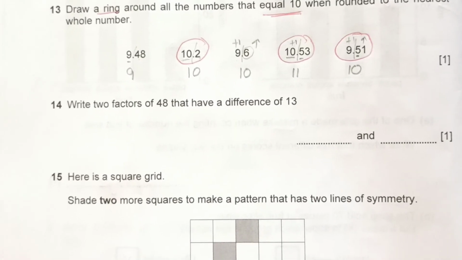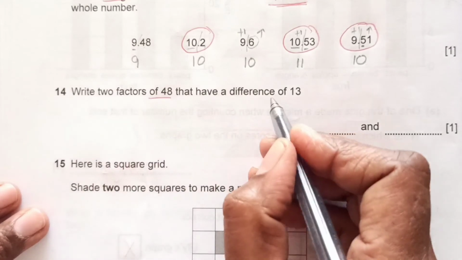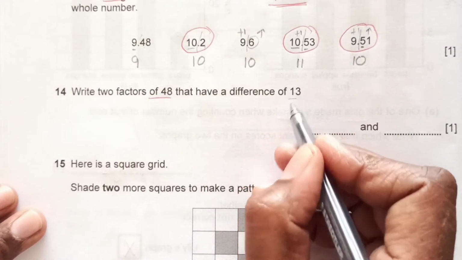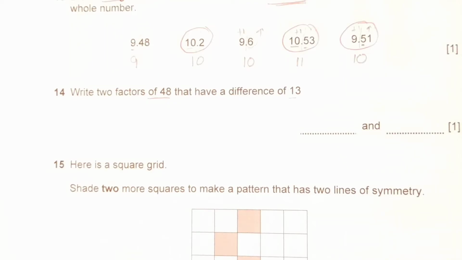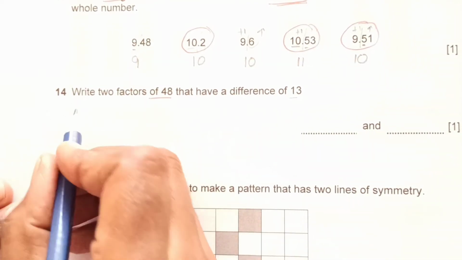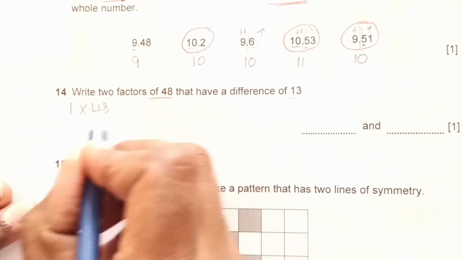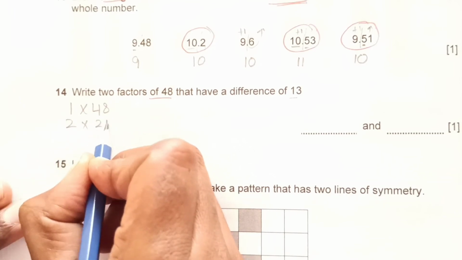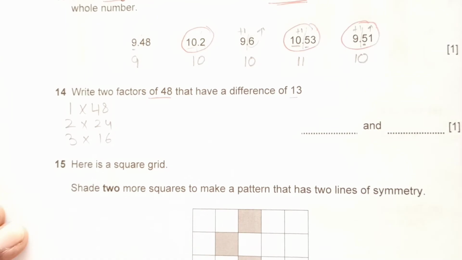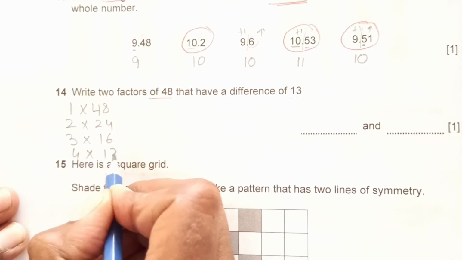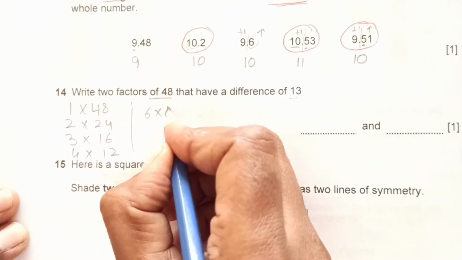Okay. Now question number 14. Write 2 factors of 48 that have difference of 13. So to write factors of 48, 1 times 48 is 48, then 2 times 24, 3 times 16, 4 times 12 and 6 times 8. So these are the factors.